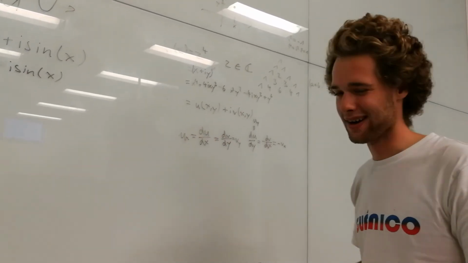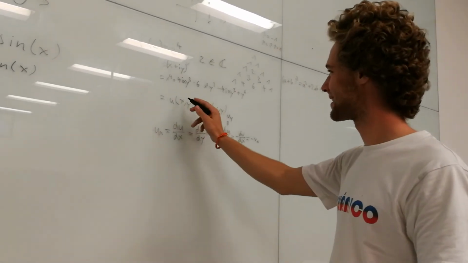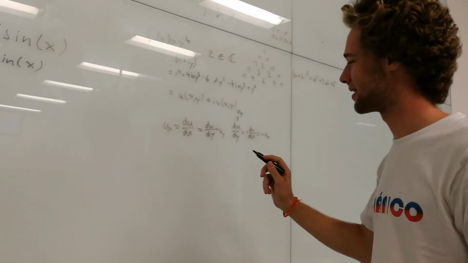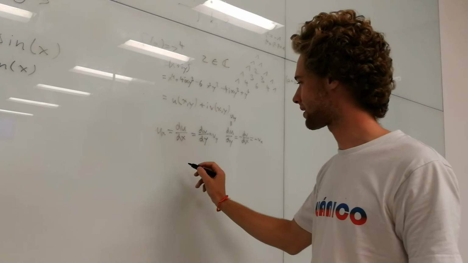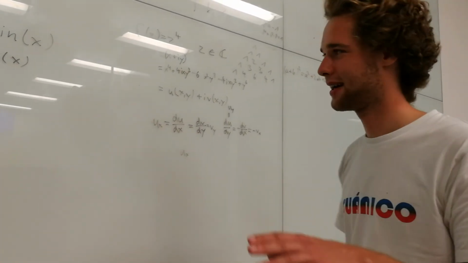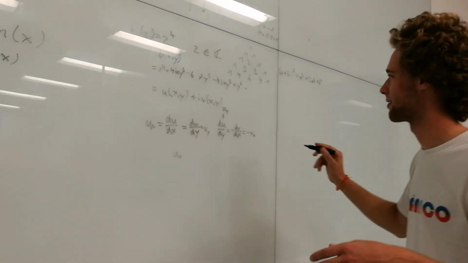So let's do the partial differentiation. ux is all of this differentiated with respect to x. Sorry. We should rewrite this as like the real part and the imaginary part.